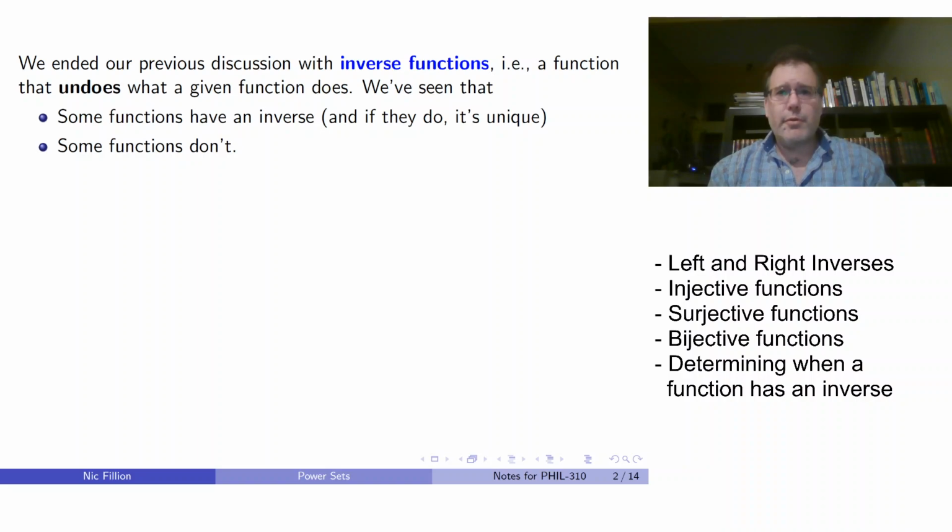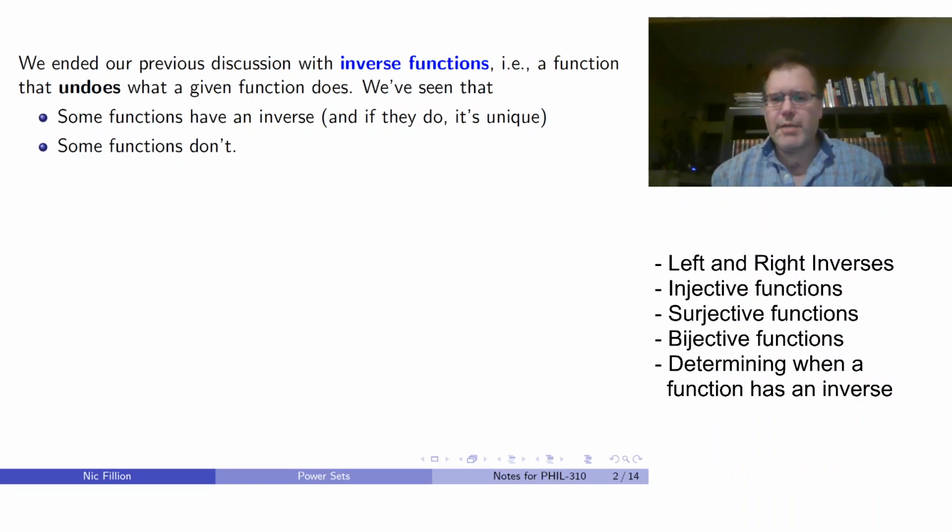As you'll remember, it's a function that undoes what a given function does, in which case the second function, the one that undoes things, is the inverse of the one that is given to begin with. Now, as we discussed, some functions have an inverse, and if they do have an inverse, then it's unique, but some functions don't have an inverse.